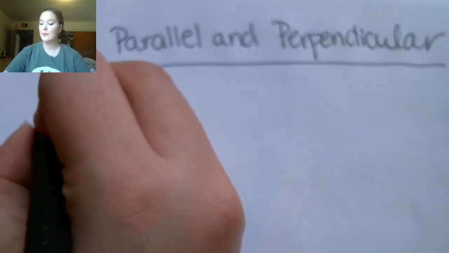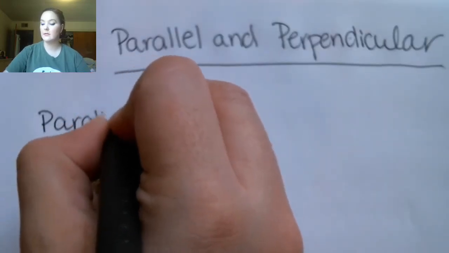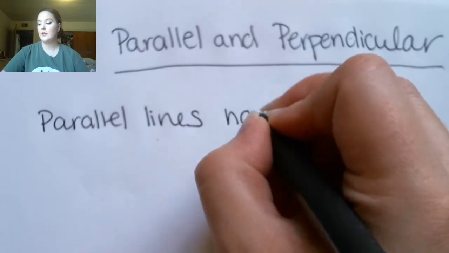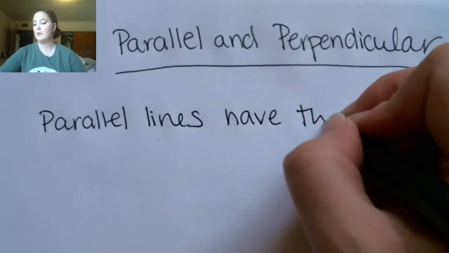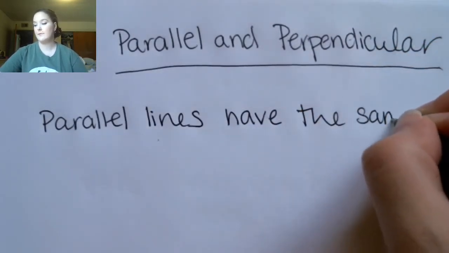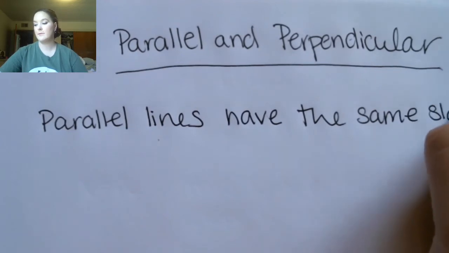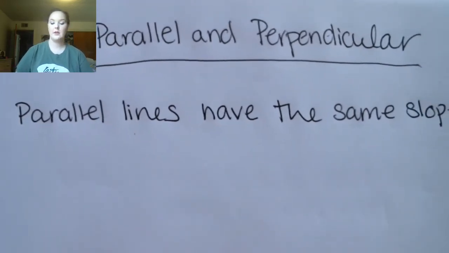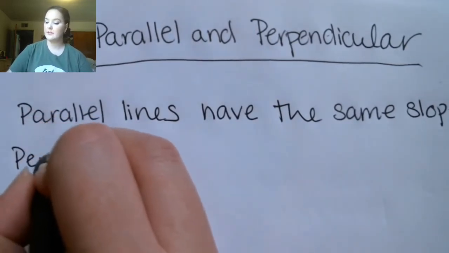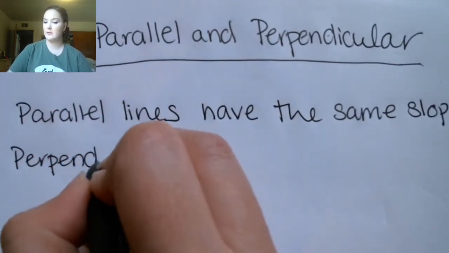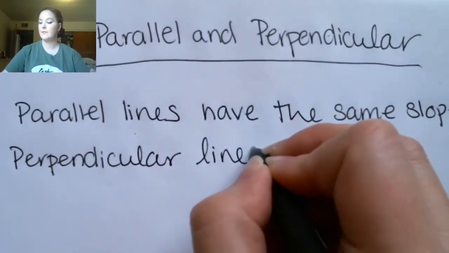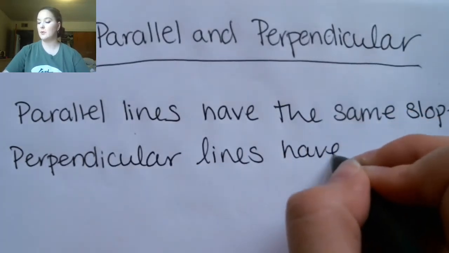For parallel lines, we know that they have the same slope. Perpendicular lines have opposite reciprocal slopes.